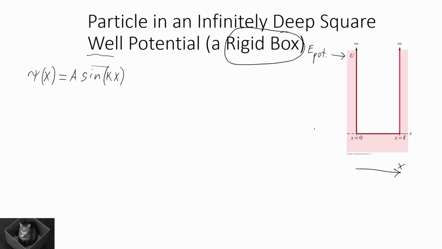Like if we had a wave that varied in time instead of space, we would say frequency times time. But since we're varying in space, we're using x instead of t. And this k here is kind of like the spatial frequency. It's defined as 2 pi over the wavelength, and it's sometimes called the wave number. And I'm going to come back to that in a little bit.